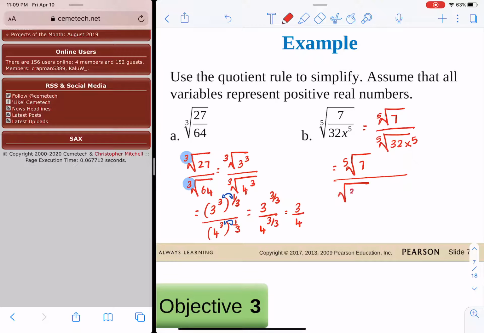But I could split up the root in the denominator as the fifth root of 32 multiplied by the fifth root of x raised 5, which is the fifth root of 7 divided by the fifth root of 32, which is simply 2 raised 5.